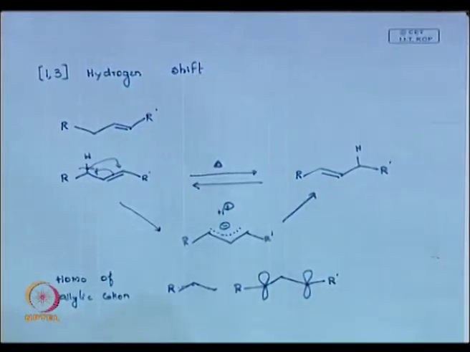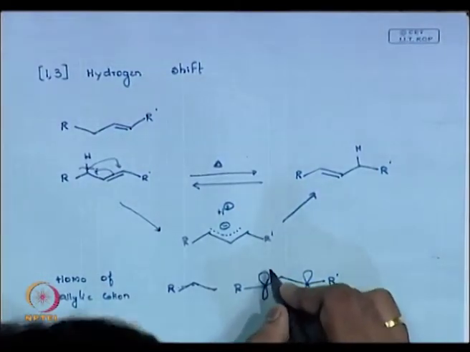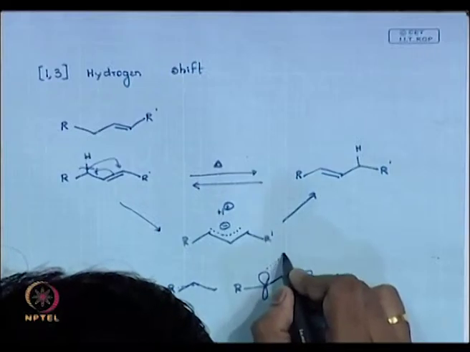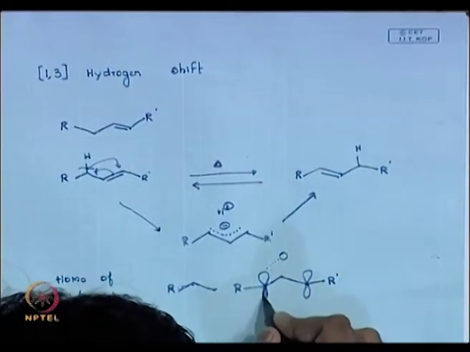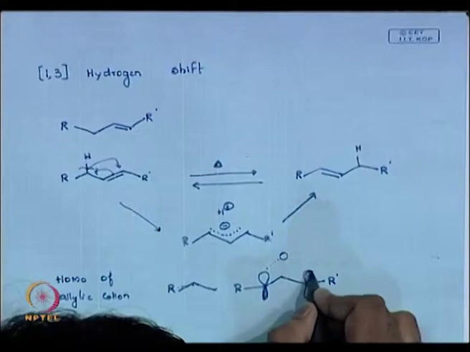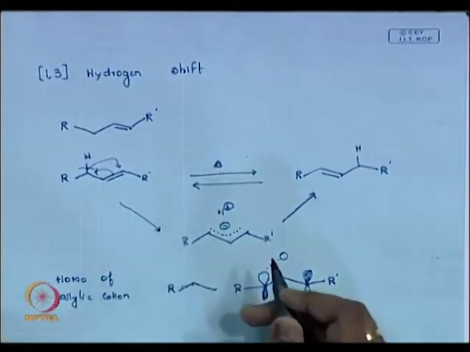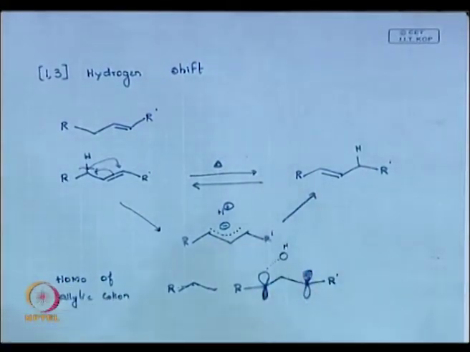That is my hydrogen. So, this is my allylic cation of which I have taken the HOMO, carbons 1 and 3, and this is my hydrogen. Now, if you see this reaction, what happens?